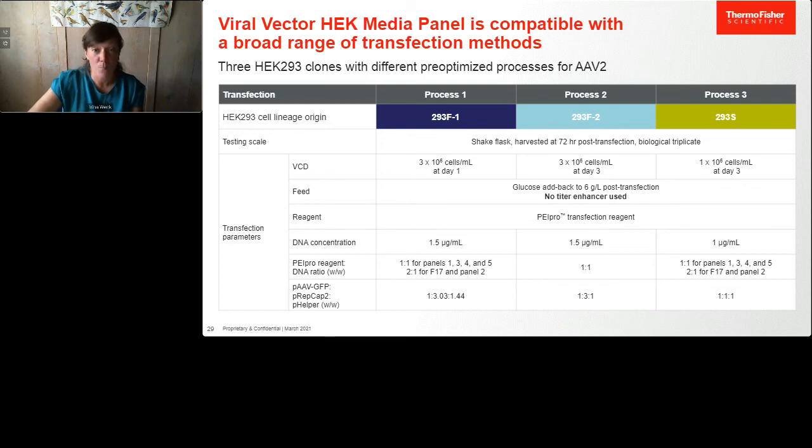Our transfection parameters have been pre-optimized for each cell line, and we selected different PEI and DNA ratios for each medium. And maybe that's something I'd like to highlight here. We have used PEI and not any other catalog transfection reagent available on the market, to really match our customers' needs.